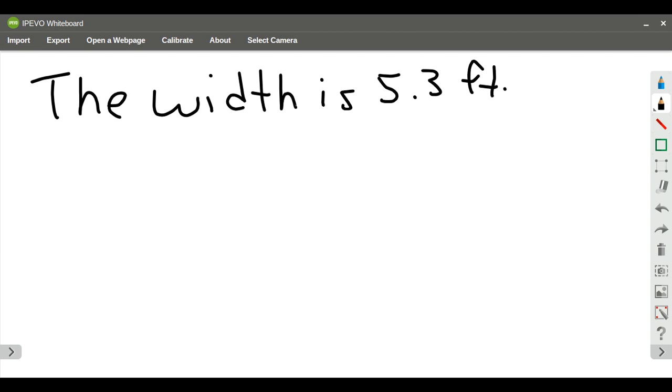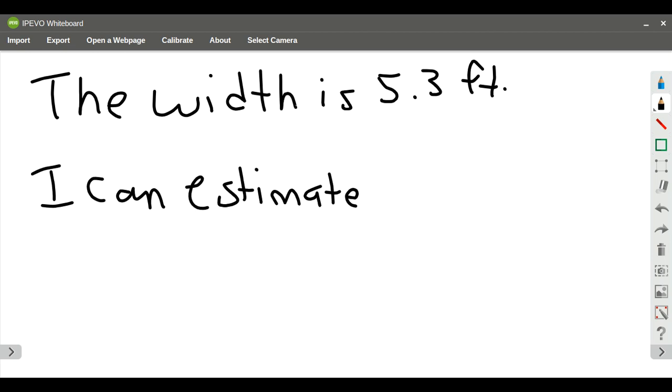Okay, so that's what we found. Alrighty. And then the next one that we have, it says, how can you check to see that the quotient 5 3/10 is reasonable? So when we talk about reasonableness, we are talking about estimation. So I can estimate, see what my original problem was.